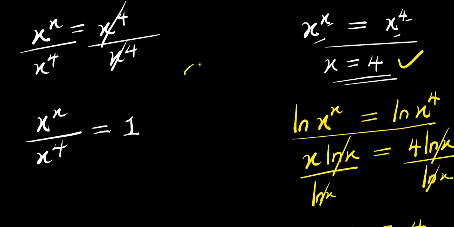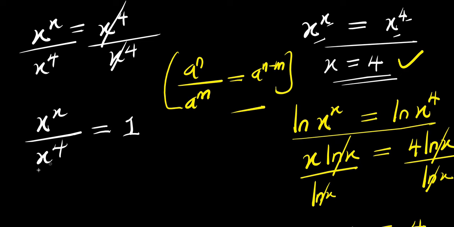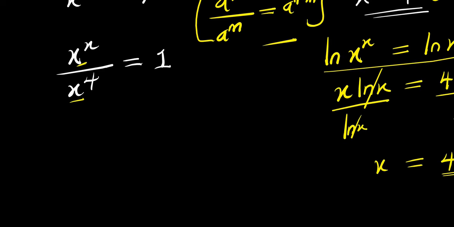Now consider having a power n divided by a power m. This is a power n minus m. If you apply this identity here, because the bases are the same, you subtract the exponents, you will definitely have x power x minus 4, and this equals 1.